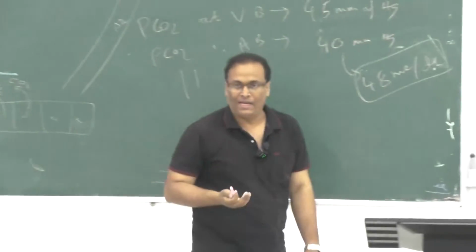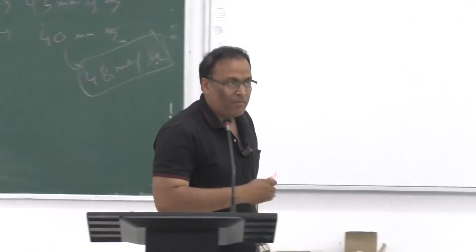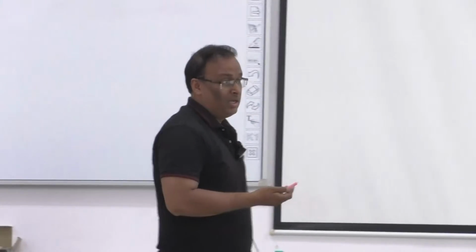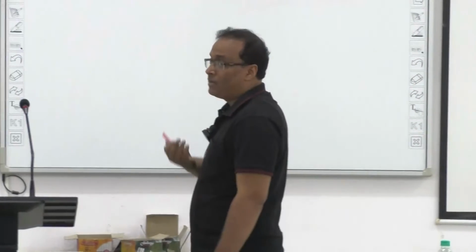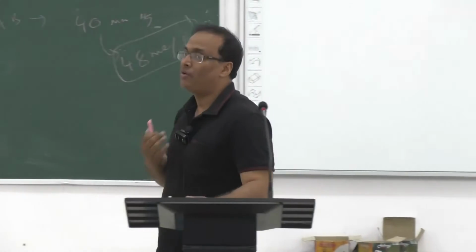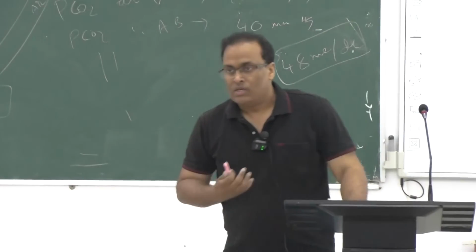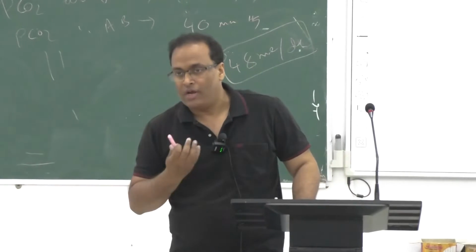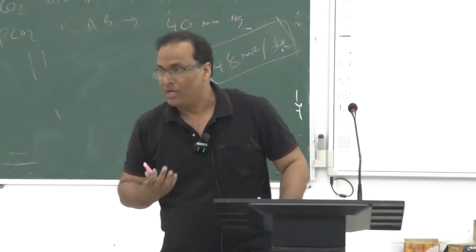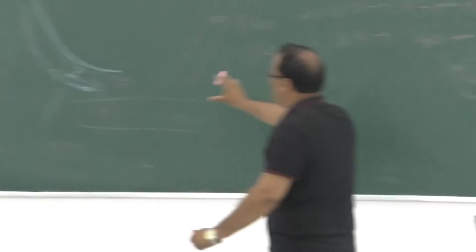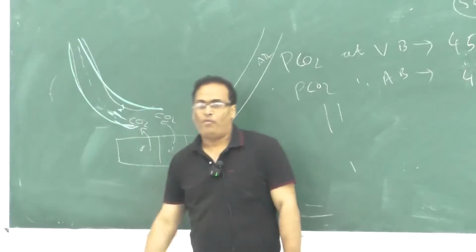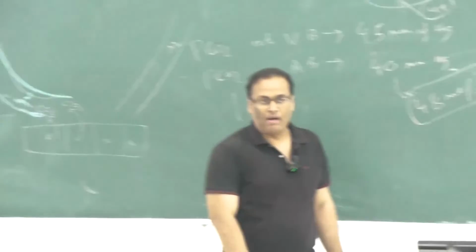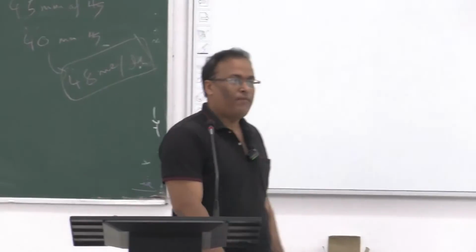Because we have to exhale, so it has to reach the pulmonary circulation. Pulmonary circulation means pulmonary artery, that means right ventricle, that means first of all it has to come to the right atrium. Through the right atrium means superior vena cava and inferior vena cava. These are vessels which ultimately connect to the inferior vena cava, and from upward the superior vena cava, come to the right atrium, then go to the right ventricle.